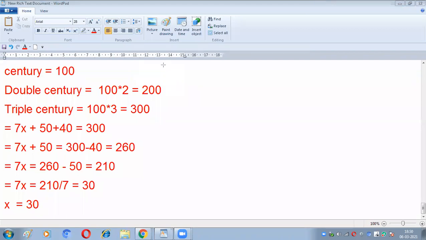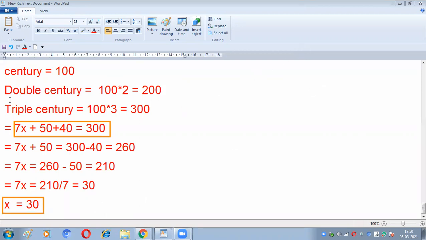So finally we have got the identity of the number, and the equation will be 7x plus 50 plus 40 is equal to 300, and the number for the riddle is 30.